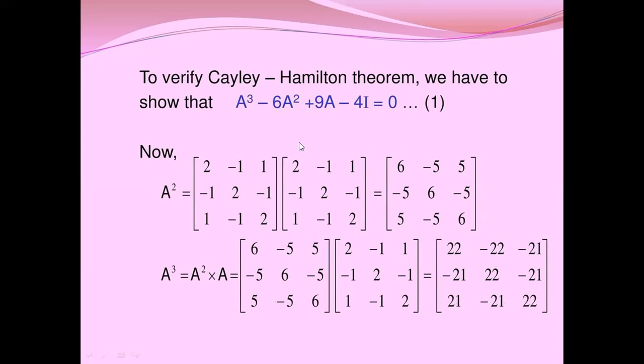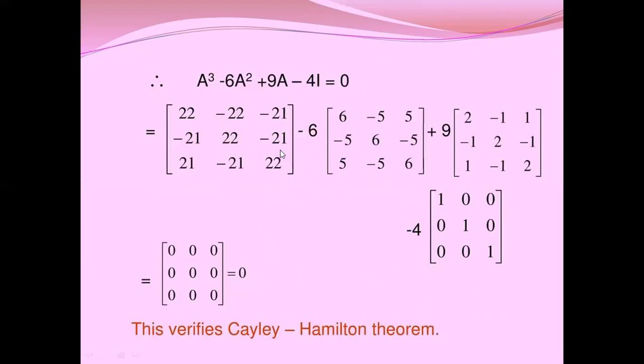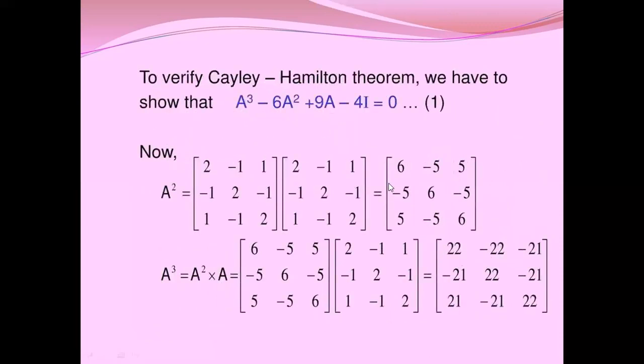So substitute its value in this place. Moving on to the next slide, we get A cube is 22, -22, 21; -21, 22, -21; 21, -21, 22, minus 6 into A square. A square is this, which we already found in our first step.